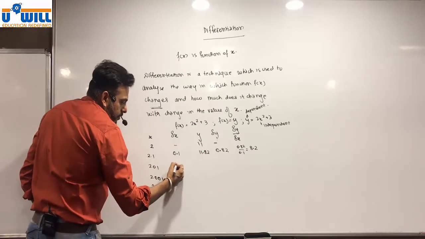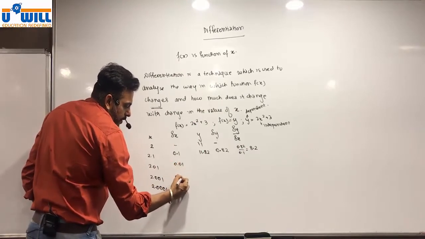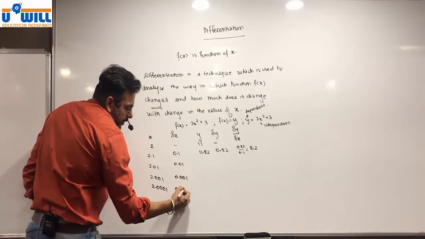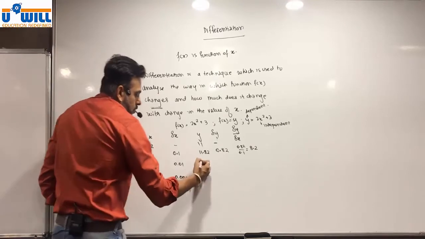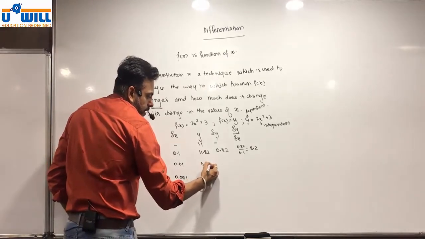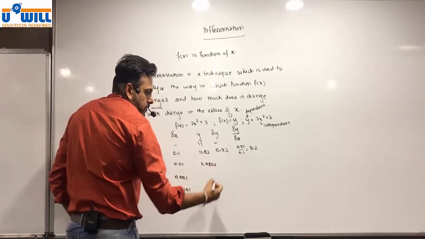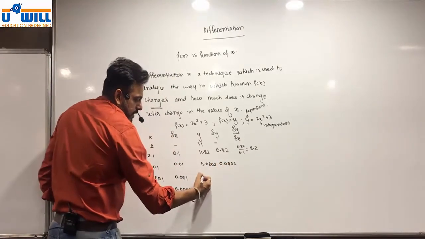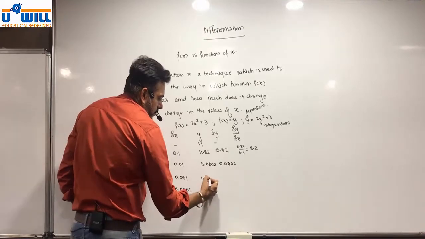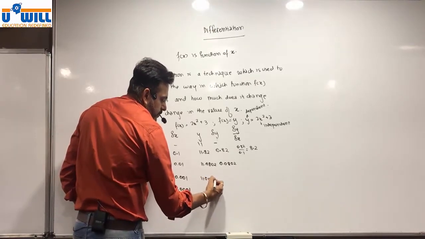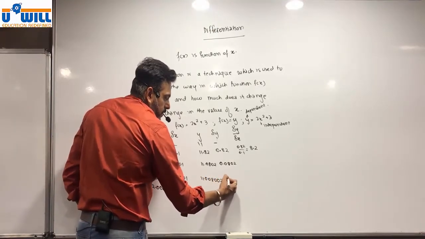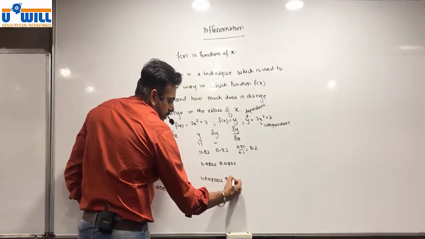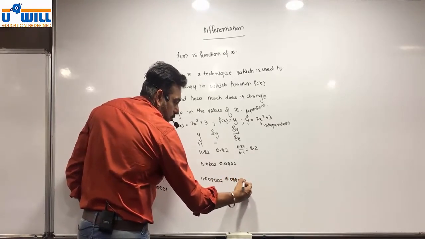Over here, 0.01, 0.001, 0.0001. Over here, 11.0802, the difference is 0.0802, then 11.008002, so difference is 0.008002.